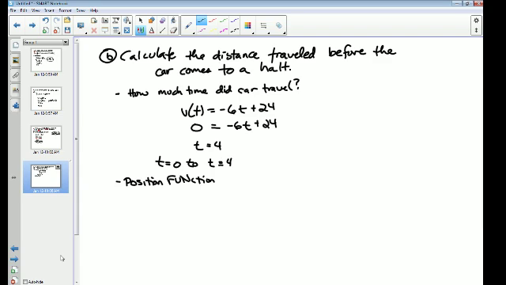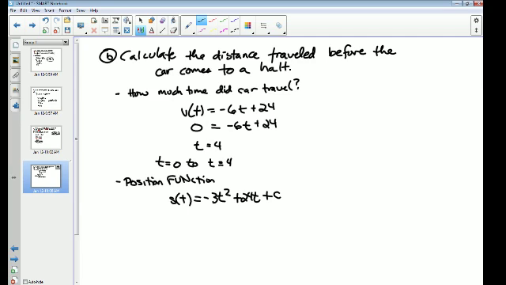What's the position function? I anti-differentiate velocity to get position, right? So it's negative 6t squared over 2, which is negative 3t squared, plus a constant.